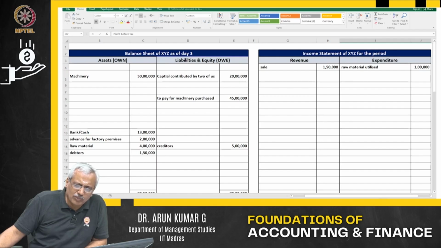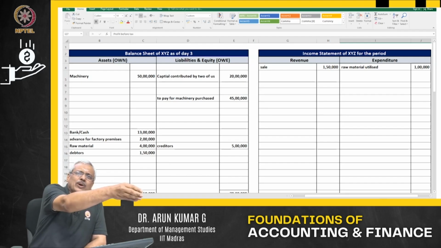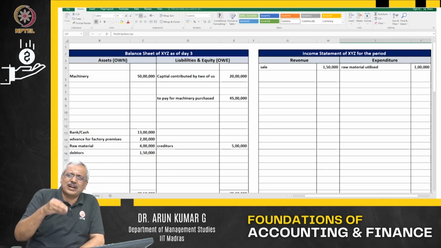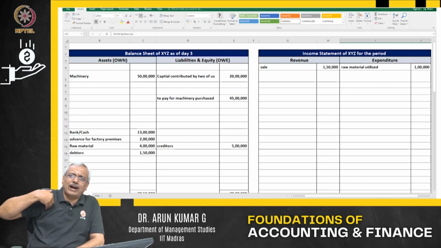Now to whom does this profit belong? The profit first of all belongs to the capital provider. Why have my TA Suhail and myself contributed 10 lakhs to the business each? We have contributed 10 lakhs each because we are expecting the business to make a profit and that profit coming back to us.